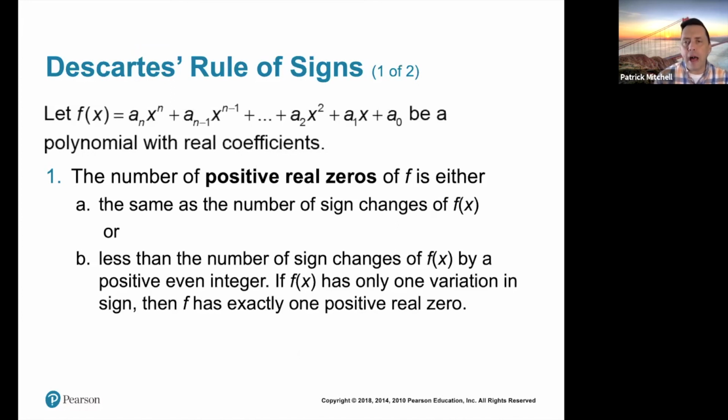And so what that implies is that if f(x) has only one variation in sign, in other words, one sign change, then f must have exactly one positive real zero.